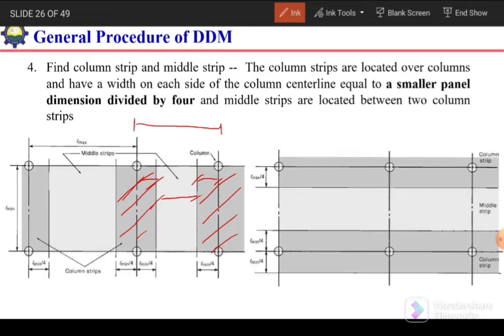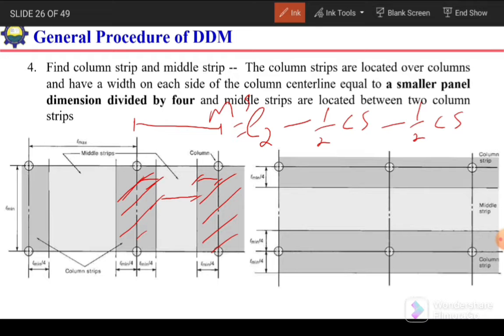So if this is L2, later on I will explain what L1 and L2 are, it will be L2 minus 1 by 2 column strip minus 1 by 2 column strip, which is equal to the width of the middle strip.